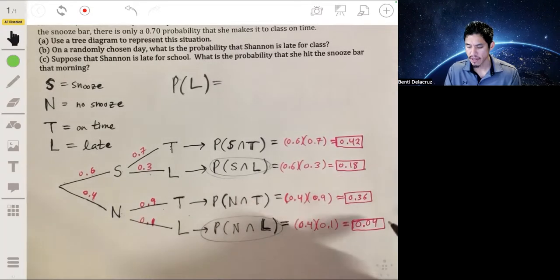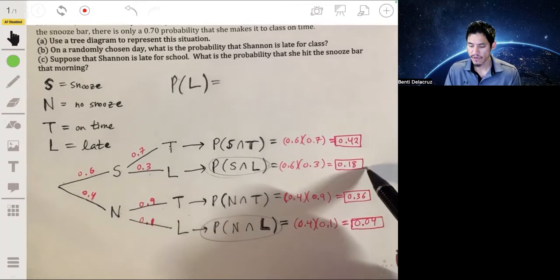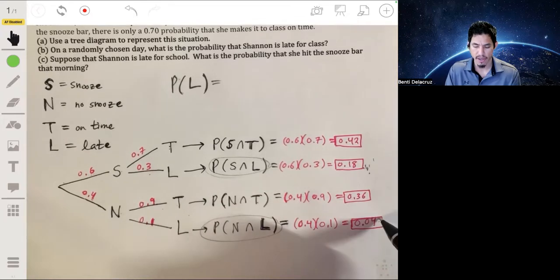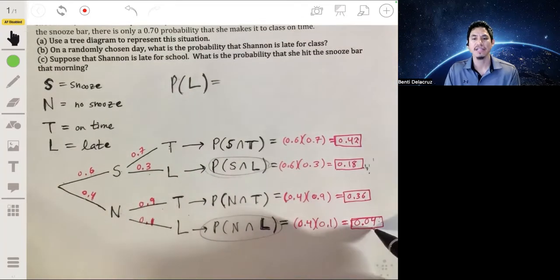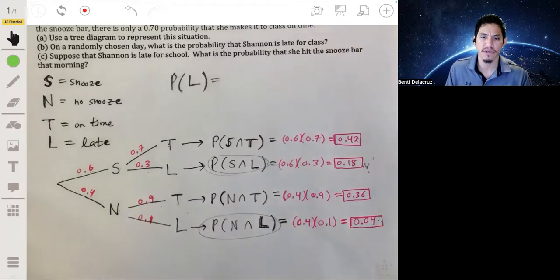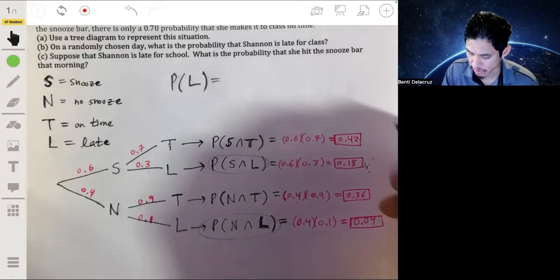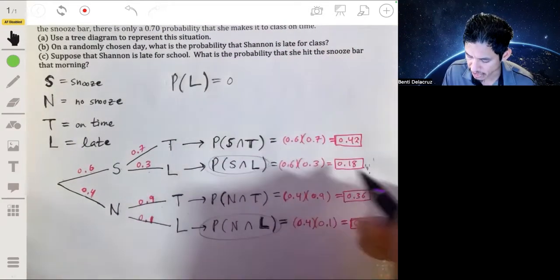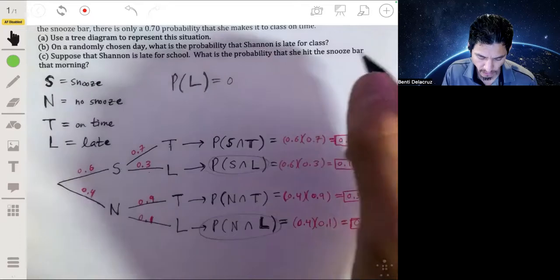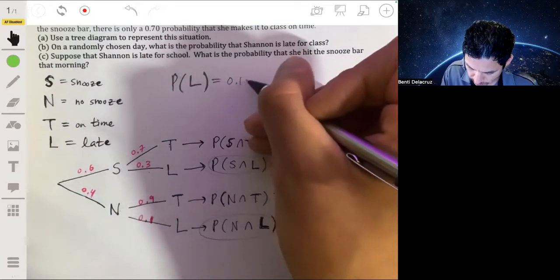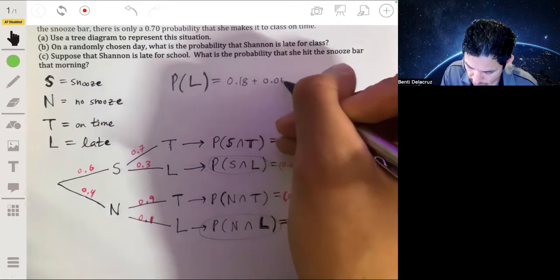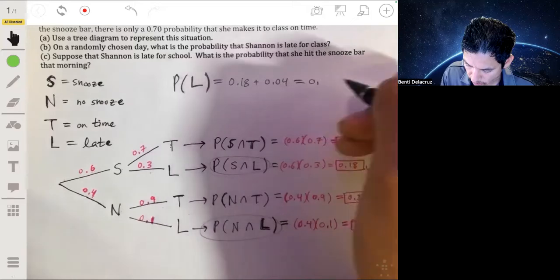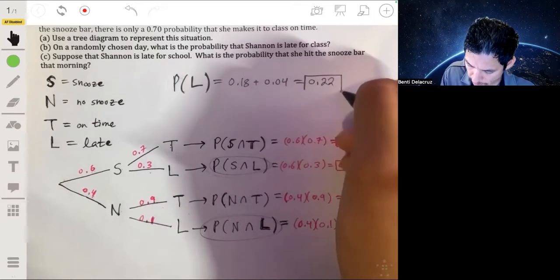There's two ways. So the probability of her being late would just be these two combined probabilities, because these four values tell you all the possible outcomes. So the probability of her being late would be 0.18 plus 0.04, which will then just be 0.22.